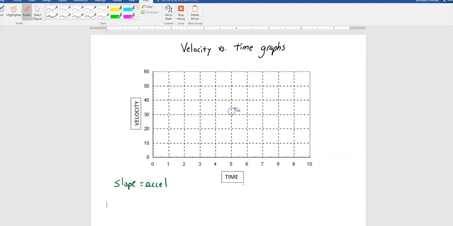Two more things. What if a line goes like this? In this case, the object's not going backwards. The object is still going forwards. We're going to keep all our objects going forwards for this chapter.